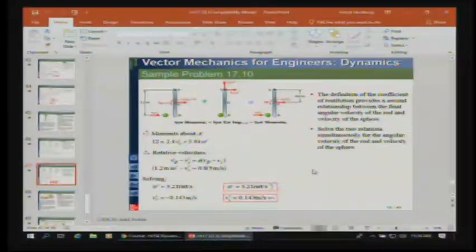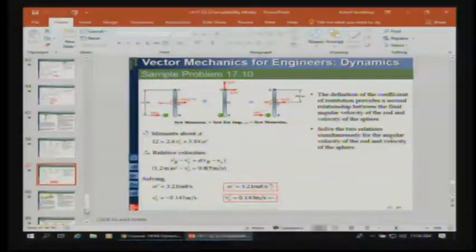At that point, we have something about the relative velocities, and then we have two equations and two unknowns, so we can solve for both omega and v sub s. But the point of this is that the setup is exactly the same. The order in which things drop out is different mathematically, but the setup is exactly the same.